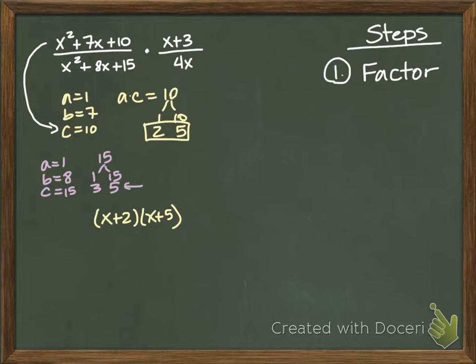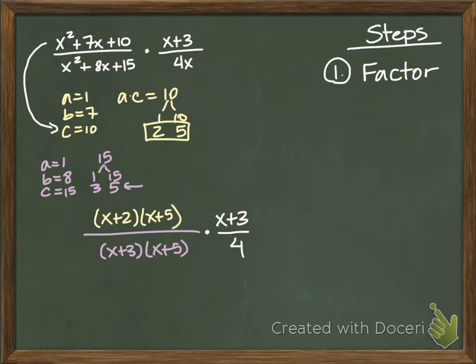Obviously it's going to be 3 and 5 because that makes 8. 1 plus 15 gives us 16, that won't work. So it has to be 3 and 5. We're going to rewrite that: x plus 3 times x plus 5. And then we're going to keep the stuff on the right that we already had: x plus 3 on the top and 4x on the bottom.